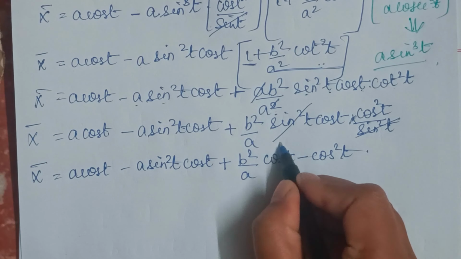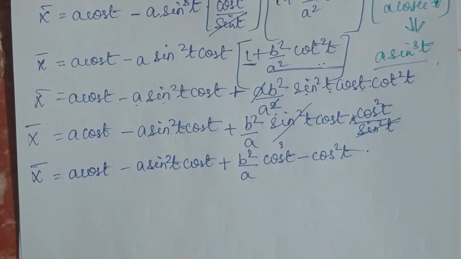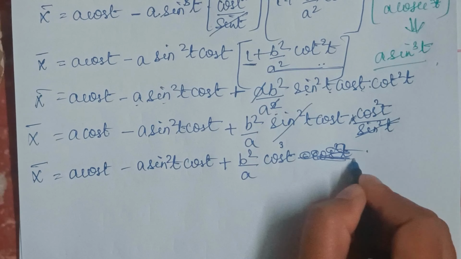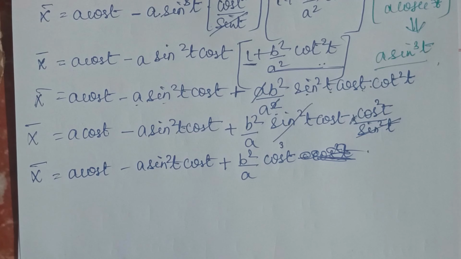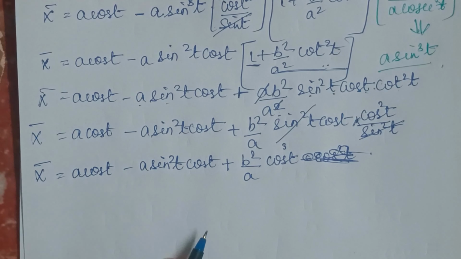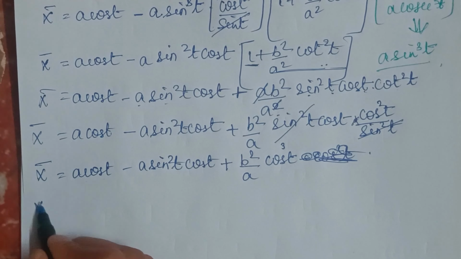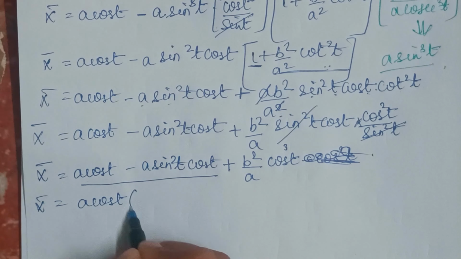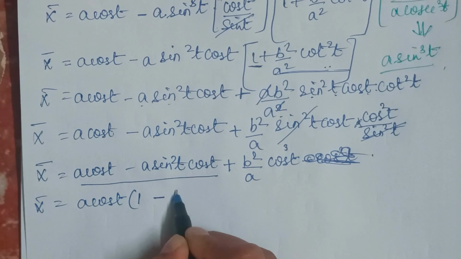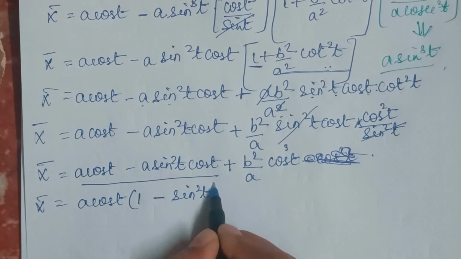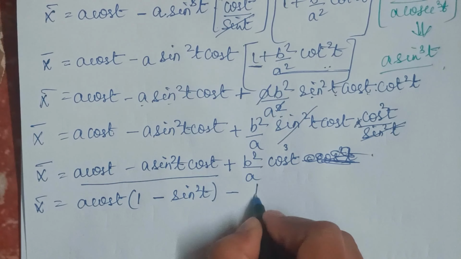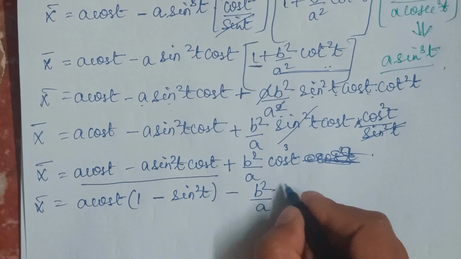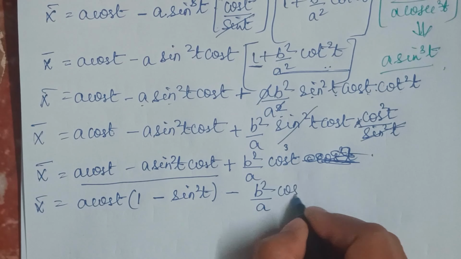So it will become cos cube t. So I'll just scratch it down. Slight misunderstanding. I will take a cos t common from these two terms. So it will become a cos t, if I take common, 1 minus sin square t, correct? Minus b square by a, this is cos cube t.